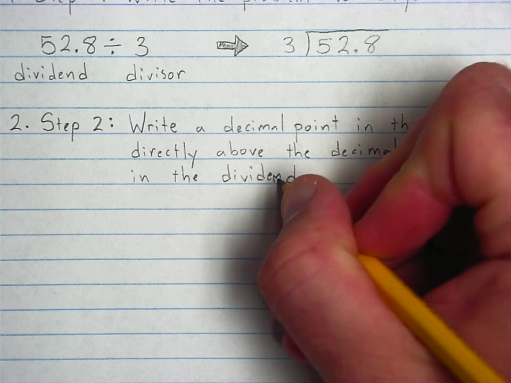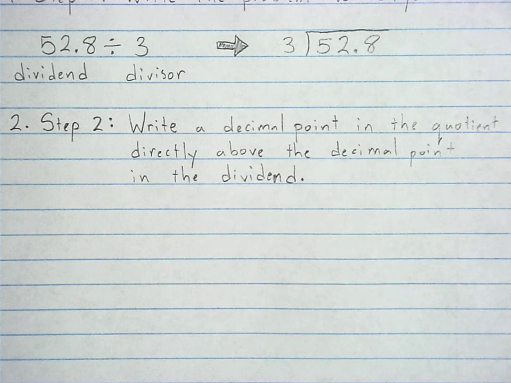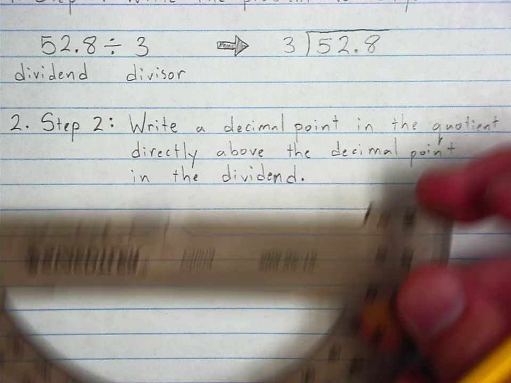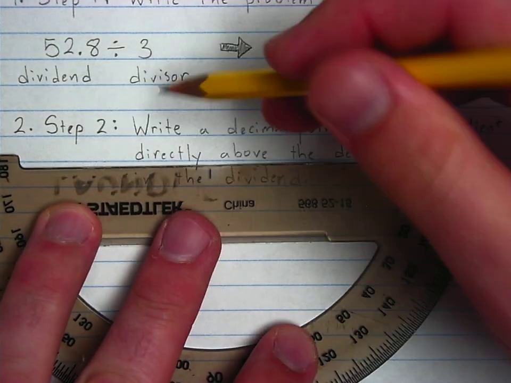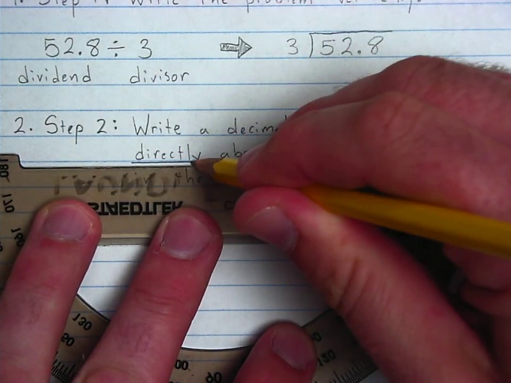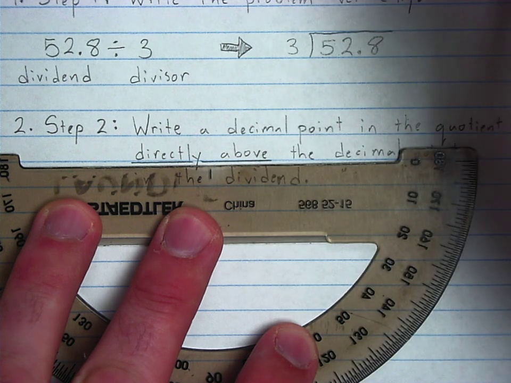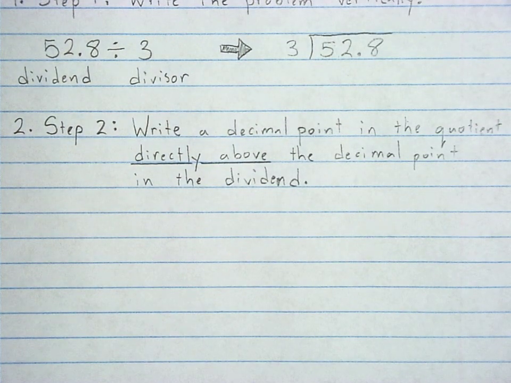It is very important that you write the decimal point directly above. You go straight up. So I'll go ahead and underline that with my straight edge, since it's super important. Write a decimal point in the quotient directly above the decimal point in the dividend.